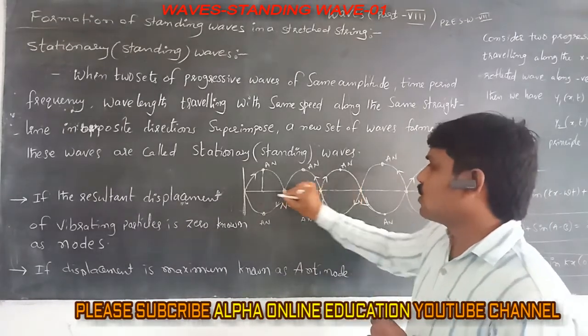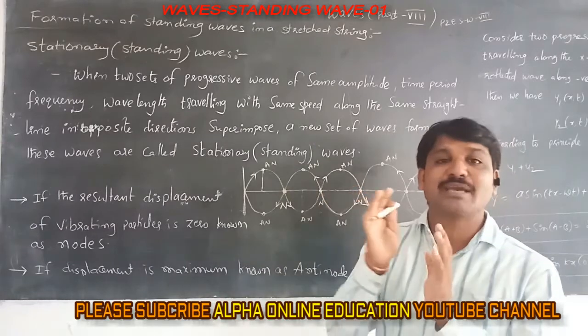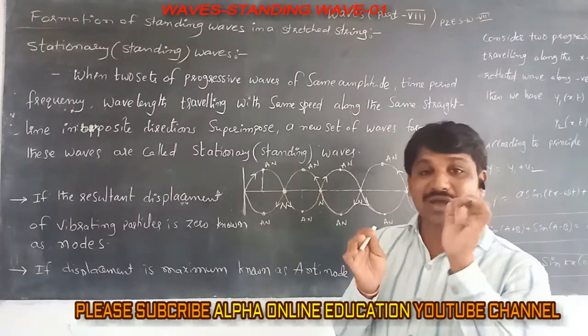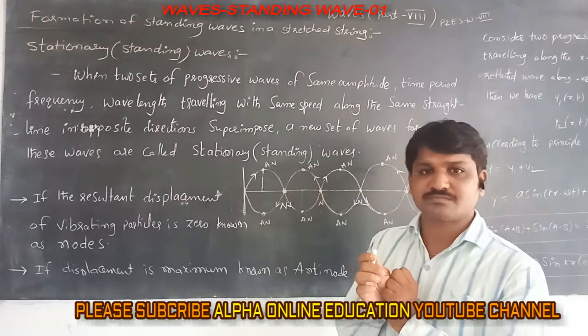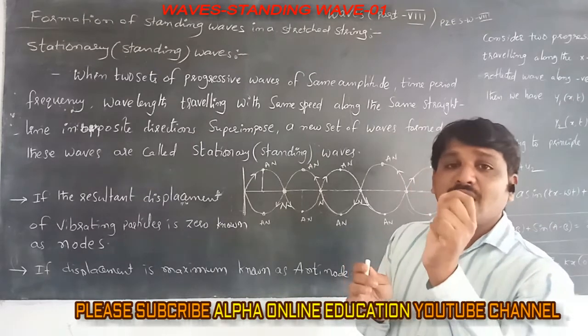Two successive nodes or two successive antinodes in the same phase are separated by a wavelength.